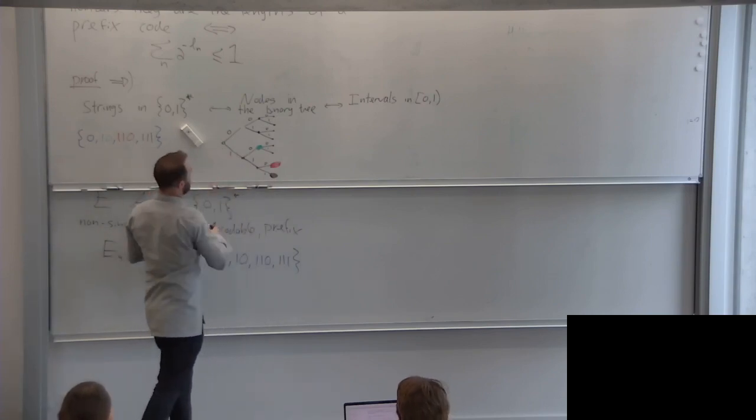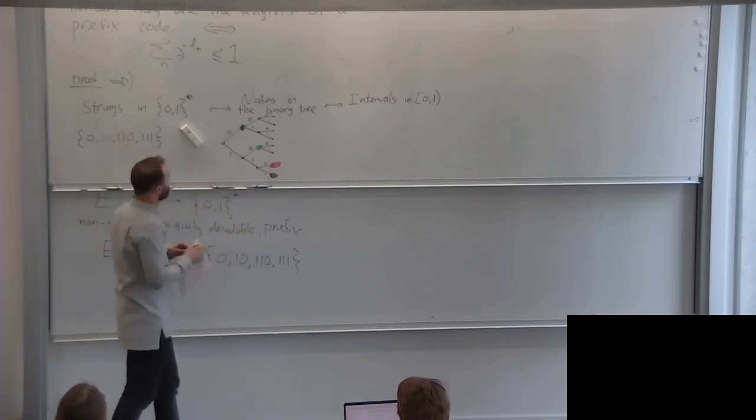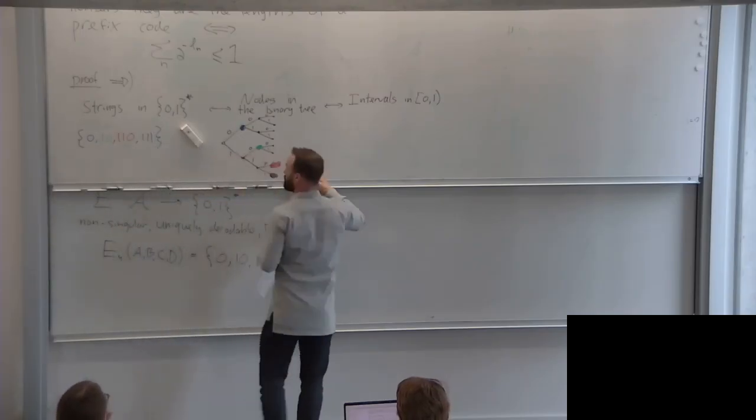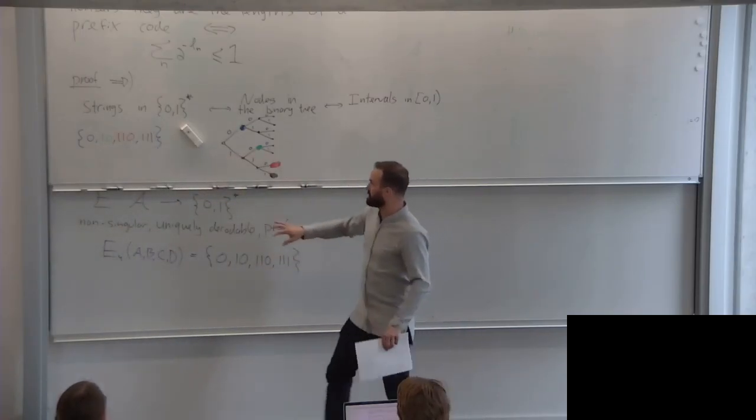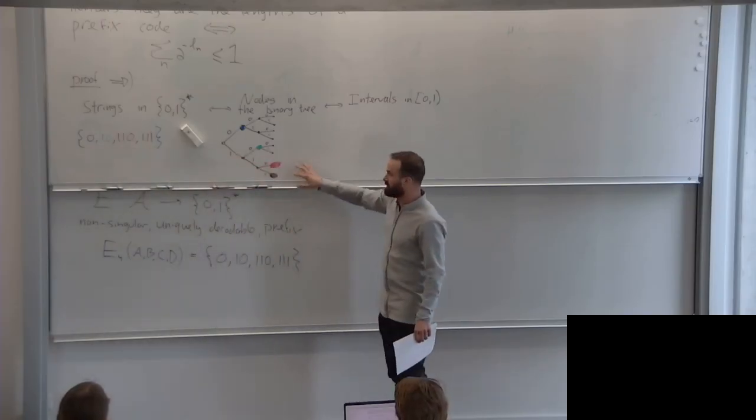And 0 is that one. Okay, so far so good. That's how I can represent this set of strings as nodes in my binary tree.